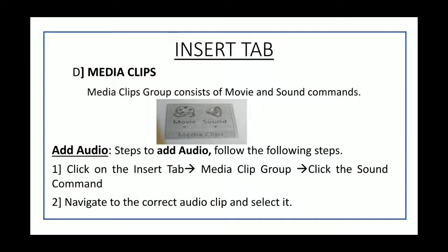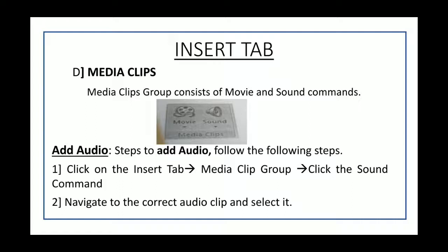The Media Clips group consists of two options: movie and sound commands. With movie, you can add film to your presentation, and you can add audio sound also to your PowerPoint presentation. Here are the steps to add audio.